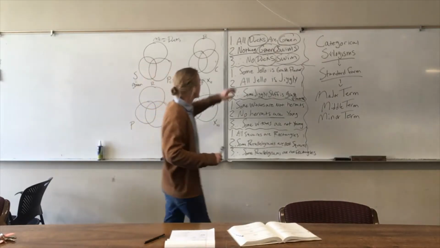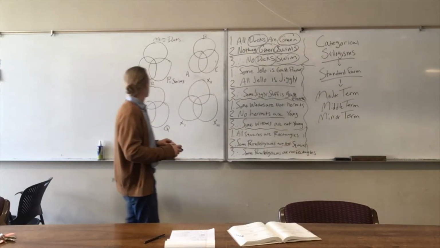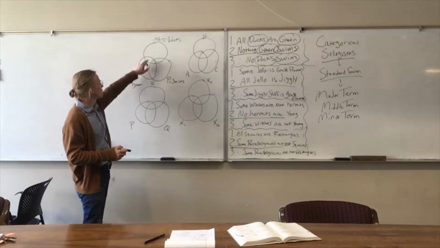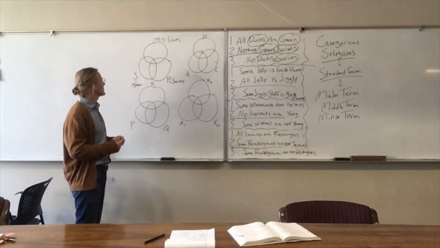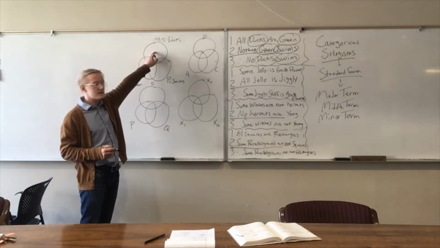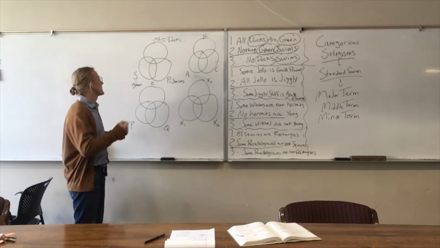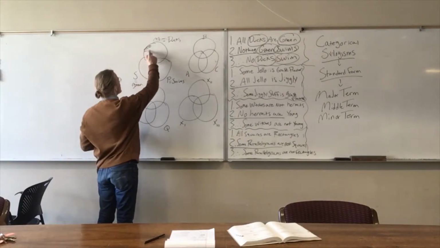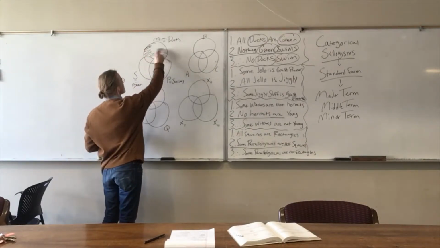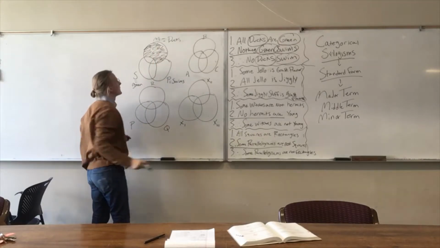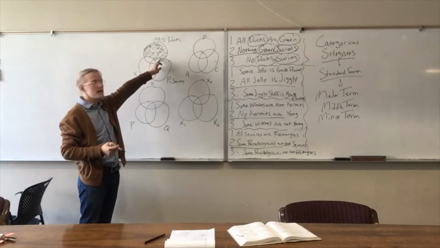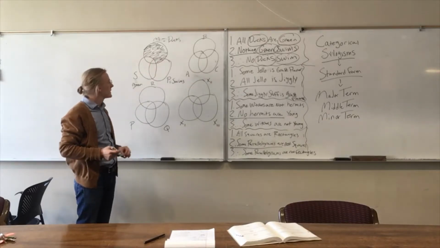So let's do that. It says all ducks are green, and if we know that all ducks are green, then we know that if something's a duck, then it must be green. And this means that nothing can live in here, right? This is what we learned last week. And now notice that I've shaded in this area, which has an intersection of ducks and swimming.